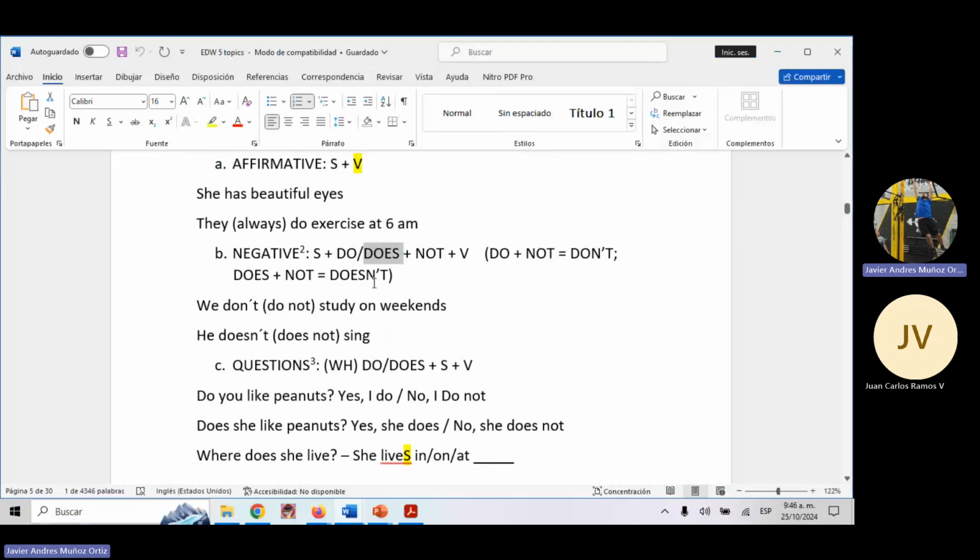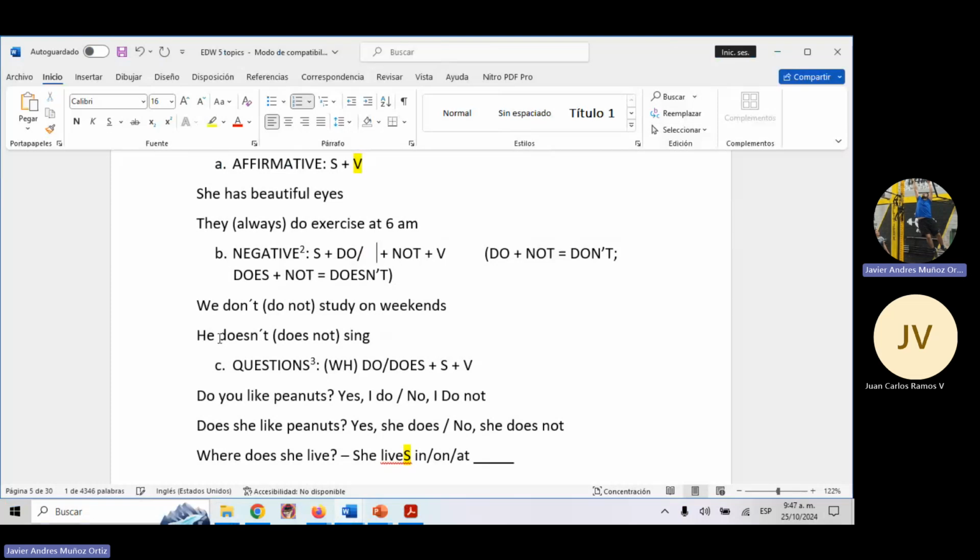We don't study on weekends, but Marcos doesn't sing, right? Negative sentence. We are going to use does not or doesn't when the activity is not being done by a man, woman, or an animal.